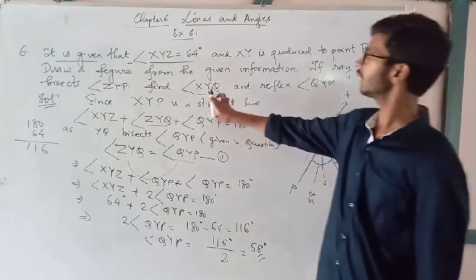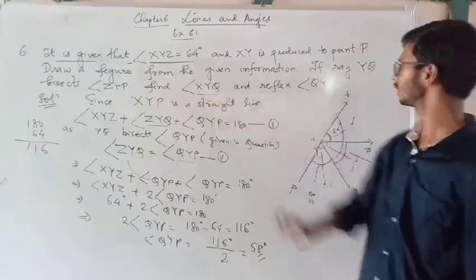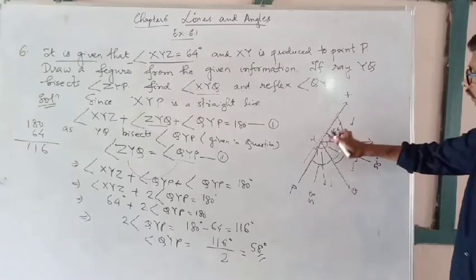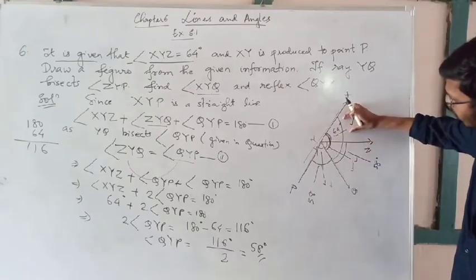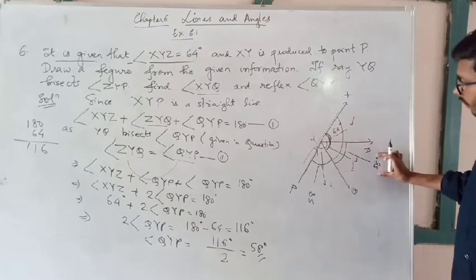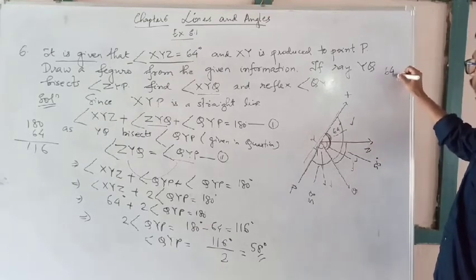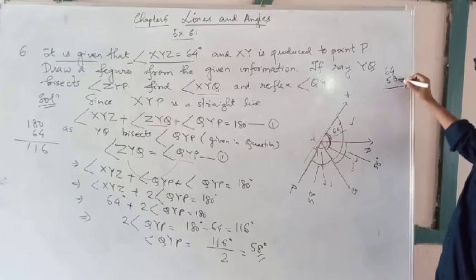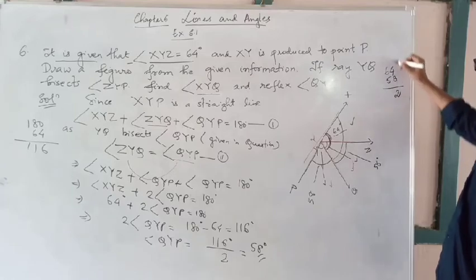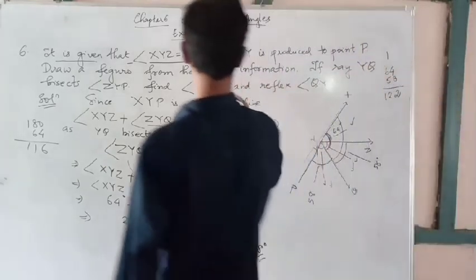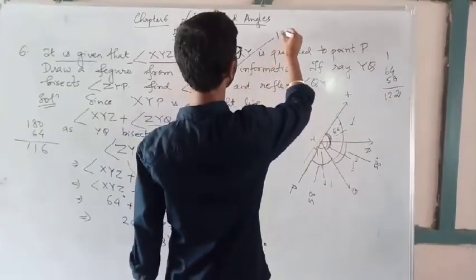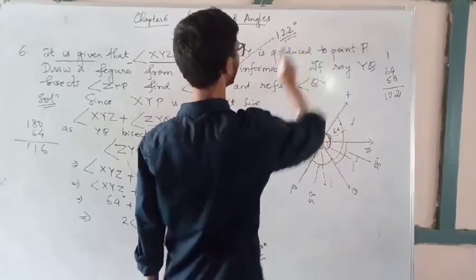So now XYQ, that means this whole angle, that means 64 plus 58. 4 plus 8 is 12. 7 plus 5, 12. So how much will we get as the answer? This answer will be 122 degree.